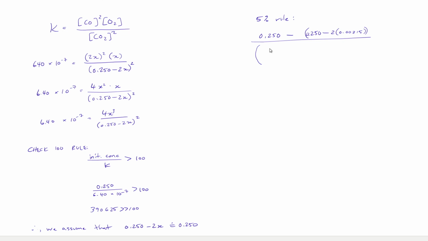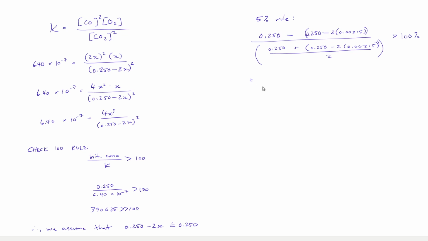So here we go, 0.250 plus 0.250 minus 2 times 0.00215, divided by 2. So the difference with the assumption, without the assumption, over the average of the two values, times 100%.